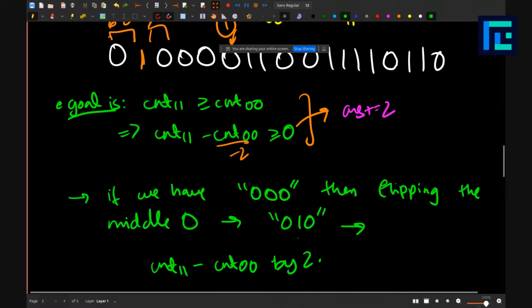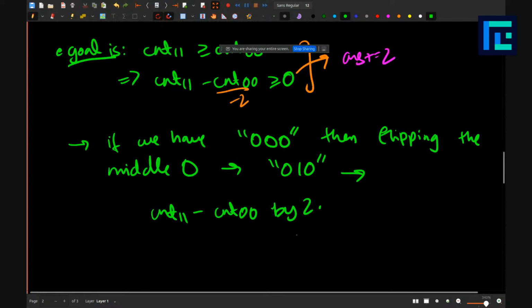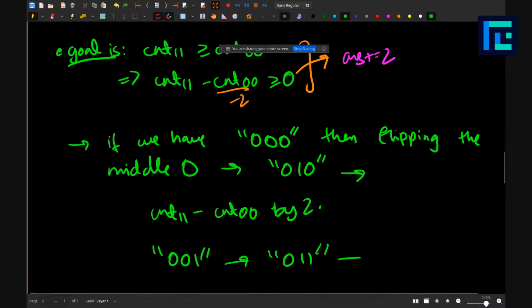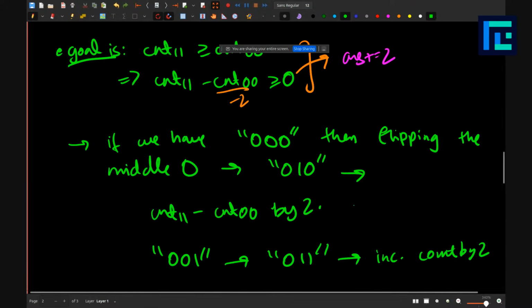So each time we're able to increase our count 1 1 minus count 0 0 by 2. And also if we had a pattern like this, 0 0 1, again flipping the middle one increases the count by 2, right?